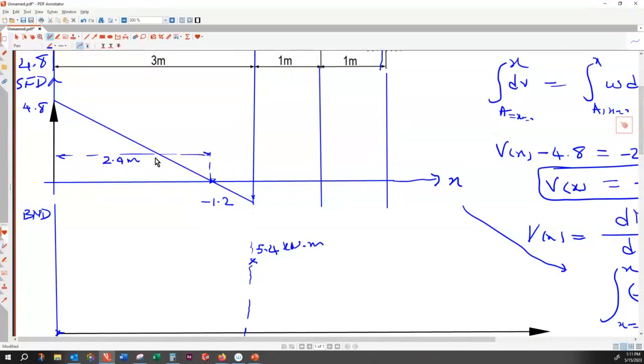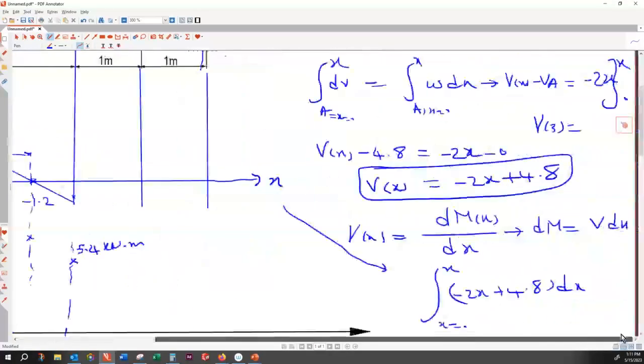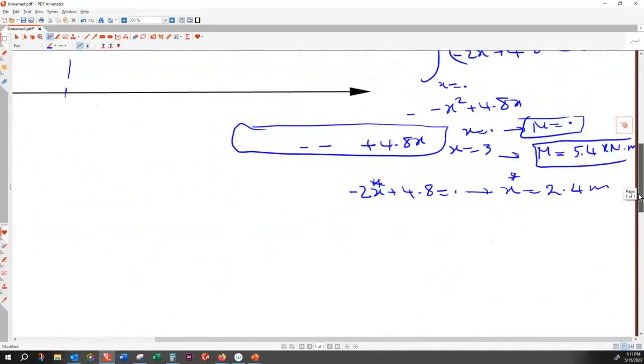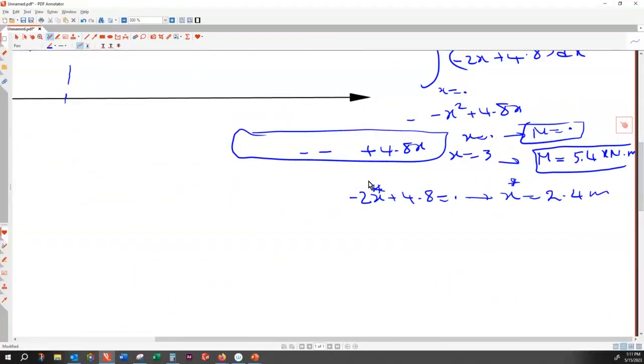All right, so that means I need to calculate M at this coordinate, and that M value would be the maximum bending moment. We found the quadratic equation for M, so let me rewrite that equation.